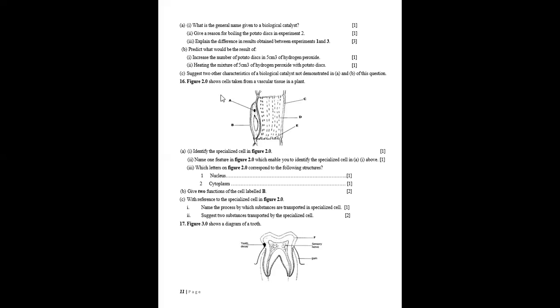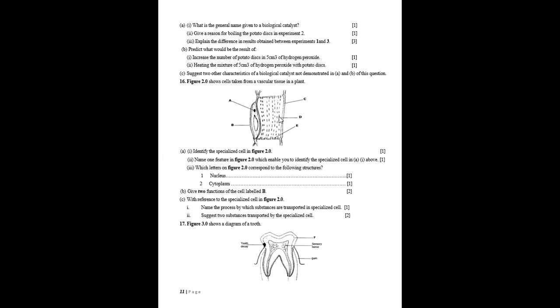All right, question 16. Figure 2.0 shows cells taken from a vascular tissue in a plant. Identify the specialized cells in figure 2.0.